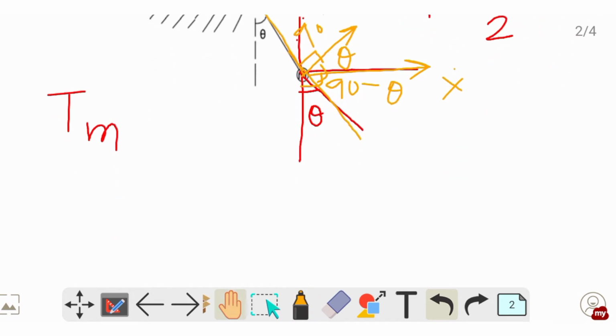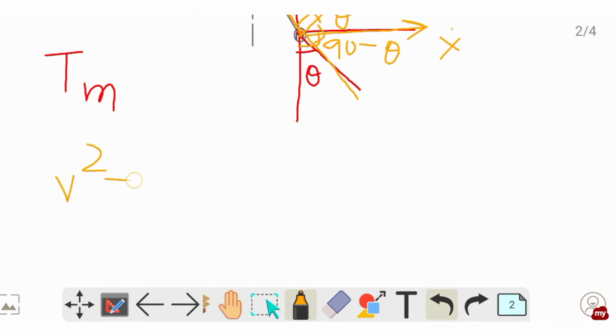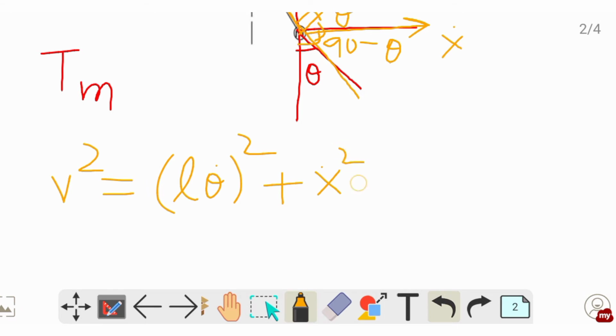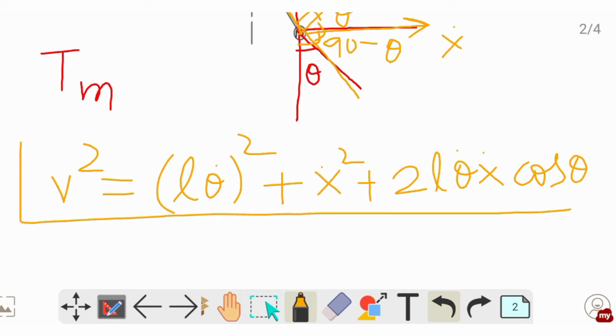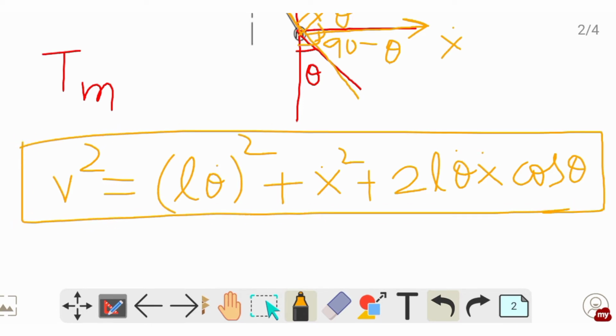So that means the resultant velocity square can be defined as L theta dot square plus x dot square plus 2L theta dot x dot cos theta. So this is the resultant velocity that we get for the second mass small m.